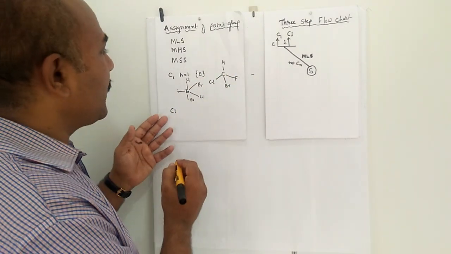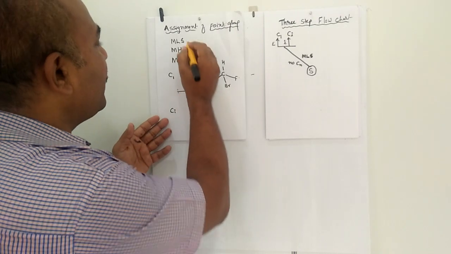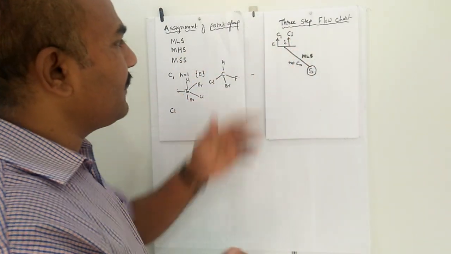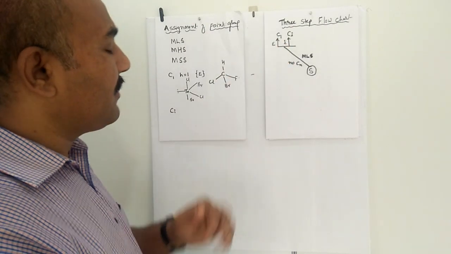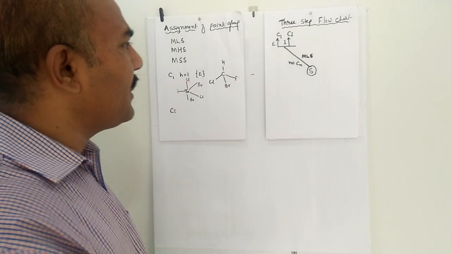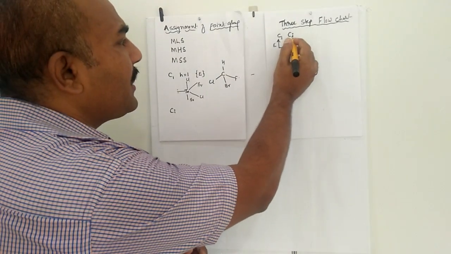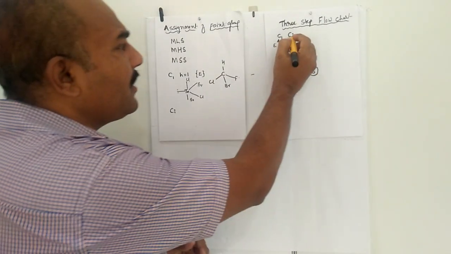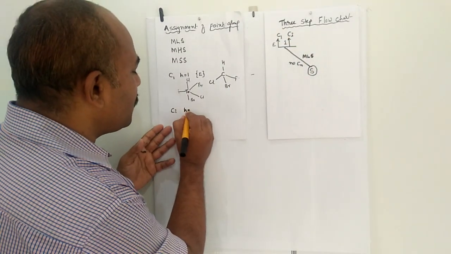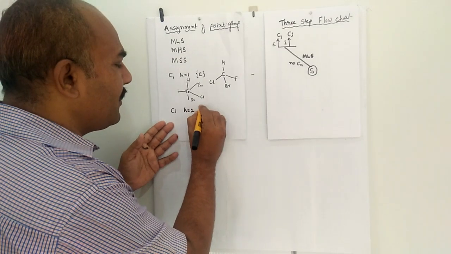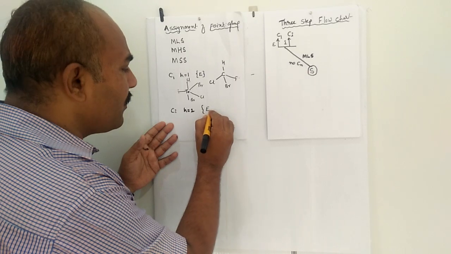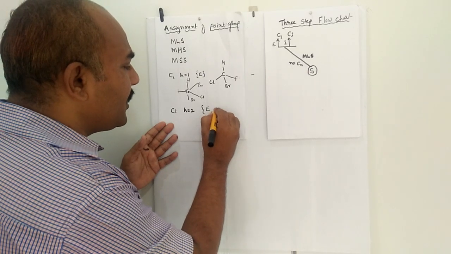As I told, molecules of low symmetry can be classified into 3 types: molecules containing only one symmetry element, and molecules containing two symmetry elements, which are again of two types. One is the Ci point group, in which h is equal to 2. What are the two elements? The identity element, and along with it an inversion center.